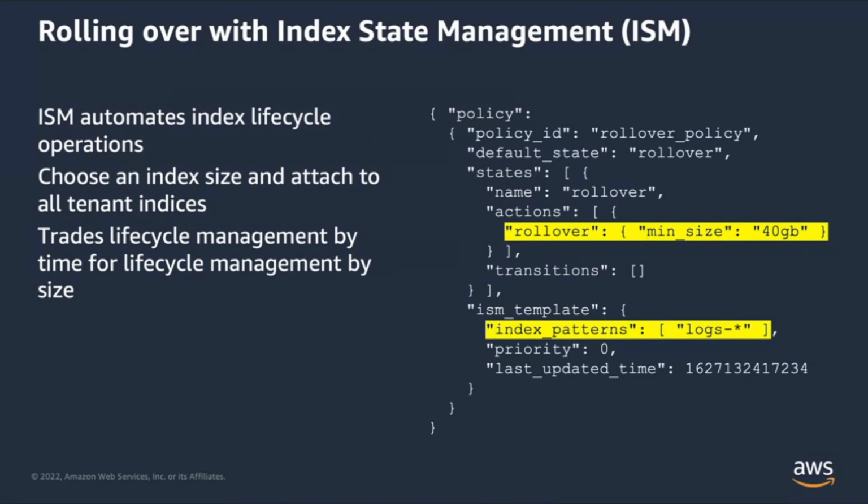I can then use the ISM template portion of the policy to attach this policy to all of the logs-star indices in this case. That means that every index that gets created with logs-anything will roll over at 40 gigabytes. And this does, again, shift the lifecycle management from a time-based lifecycle to a size-based lifecycle.